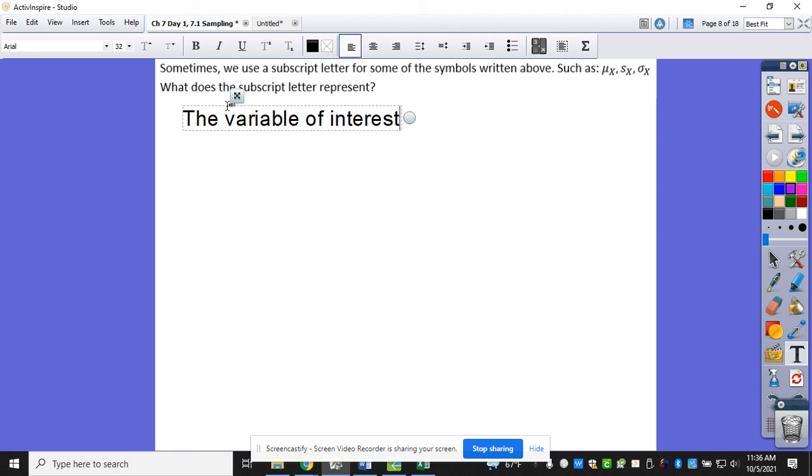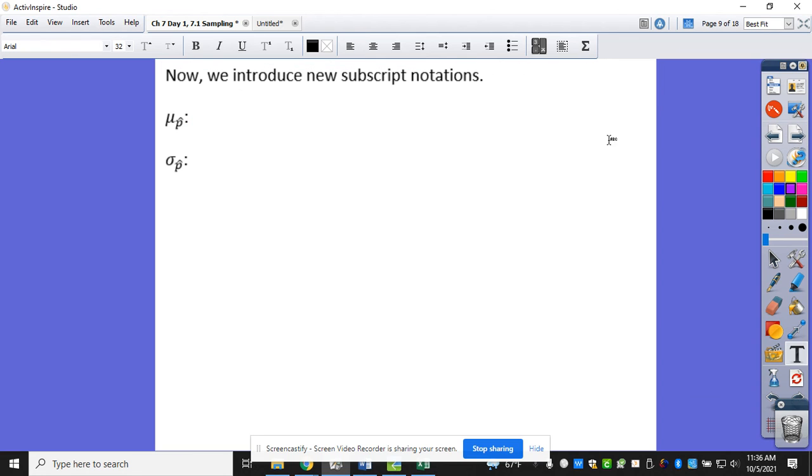So starting kind of today, but kind of tomorrow, we're going to have something that looks like this: a mu with subscript p hat, a sigma with subscript p hat, and eventually a mu with subscript x bar and a sigma with subscript x bar. These are what we did today.